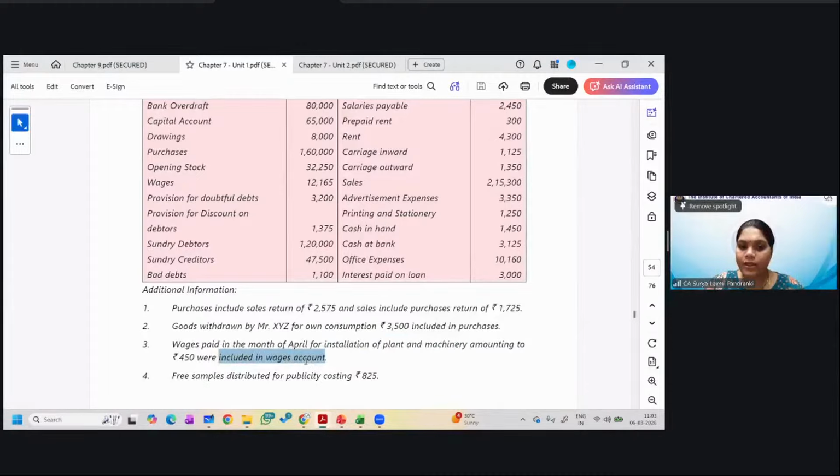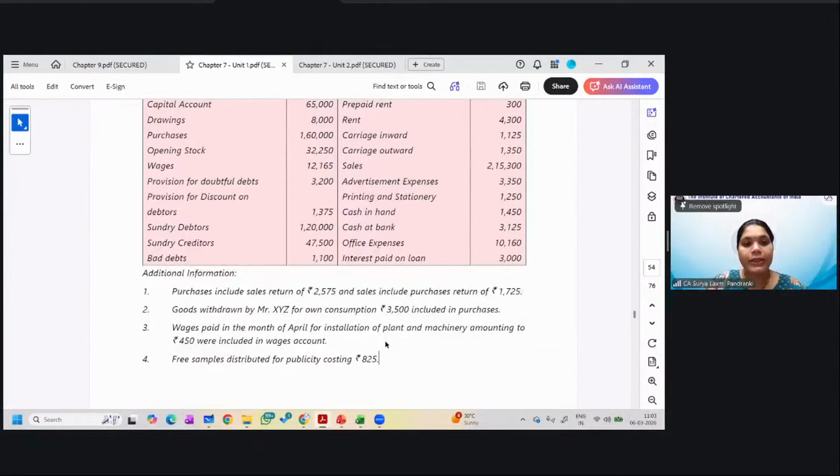But they have taken it to the wages account. So that adjustment also has to be done. And then free samples distributed for publicity costing 825. For this also an adjustment entry has to be done because this is like an advertisement expense that has to be treated. So this is the additional information we have wherein they have made a few mistakes or included a few things which we will have to rectify.